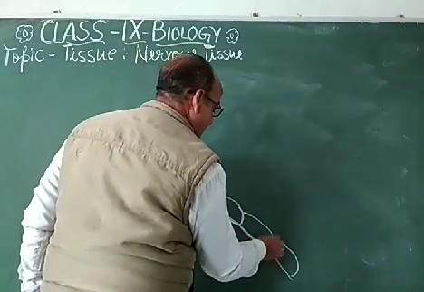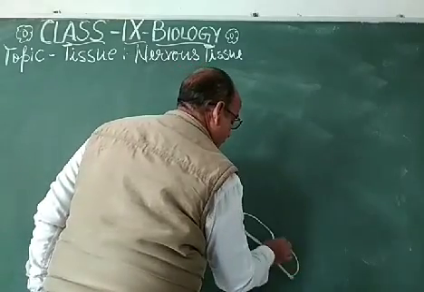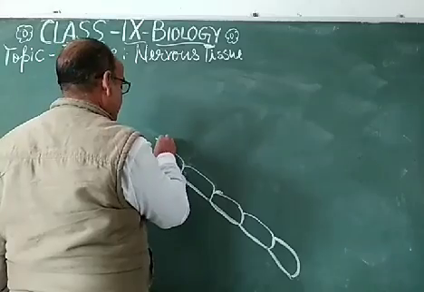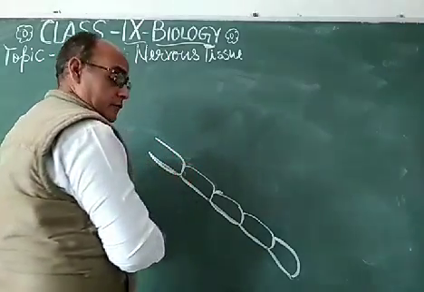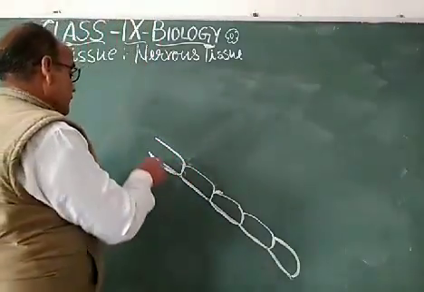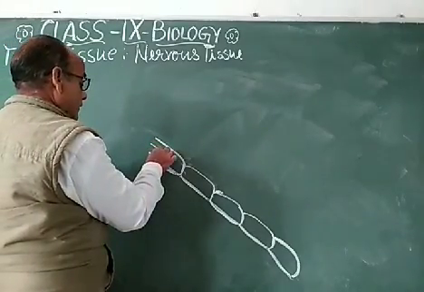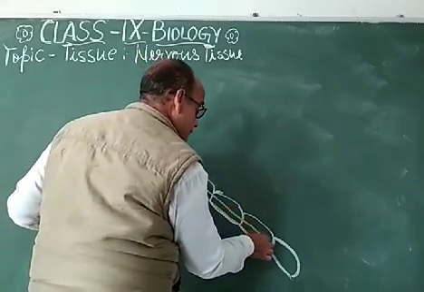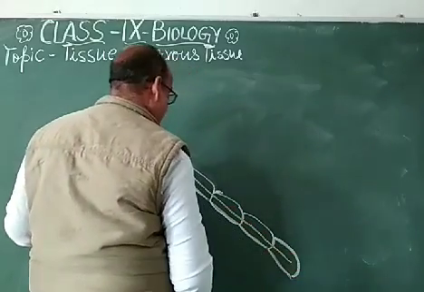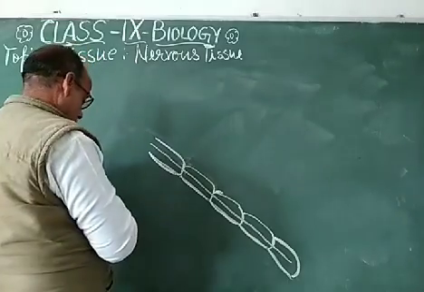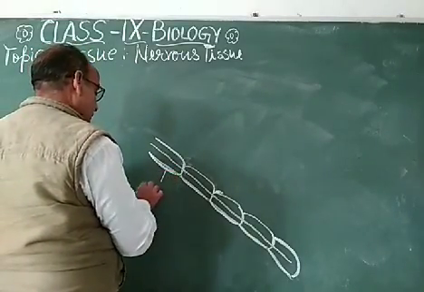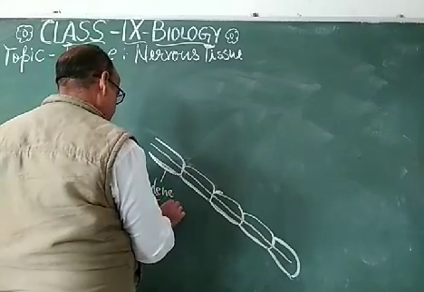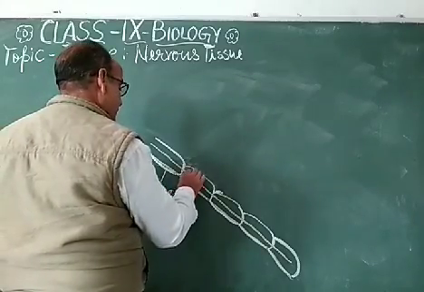So this is the myelin sheath which covers the axon, which is the axis of this nerve cell. You have to see the position of the axon. This is the axon which gets covered by the myelin sheath.